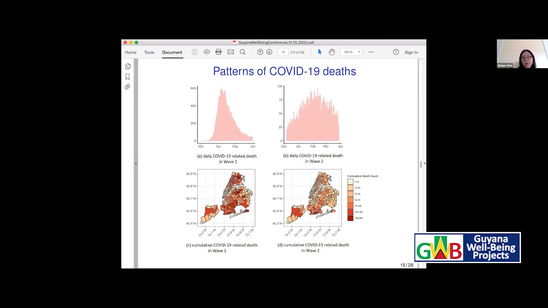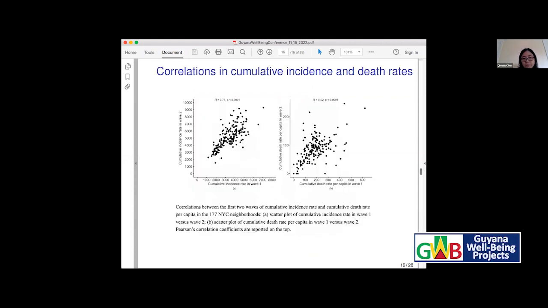Although what we show here is high, if you look at the scale, the most deaths in a day is about 100. But for wave 1, the peak is about 600 people died due to COVID. So you can see a lighter color in wave 2. Wave 2 has many more cases compared to wave 1, but the death rate is much lower.